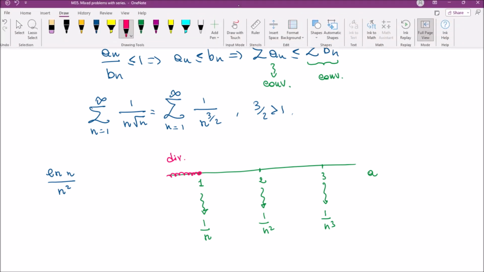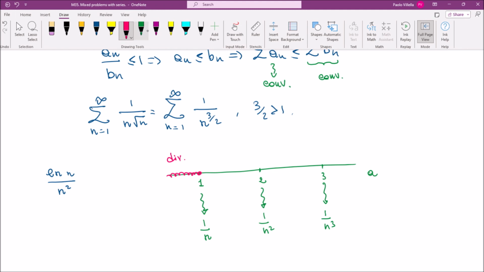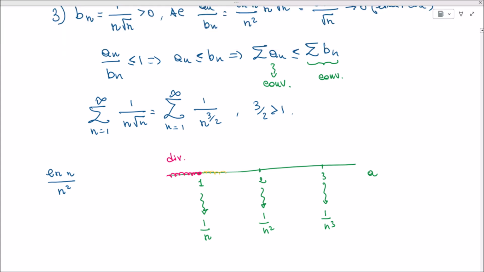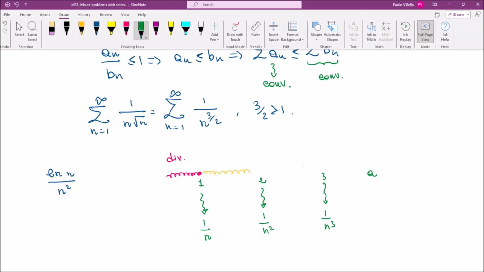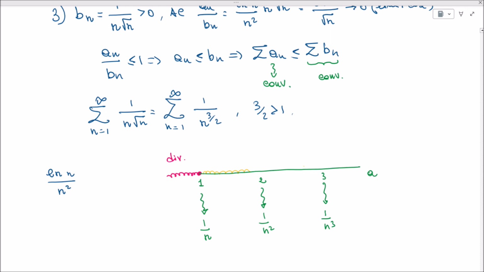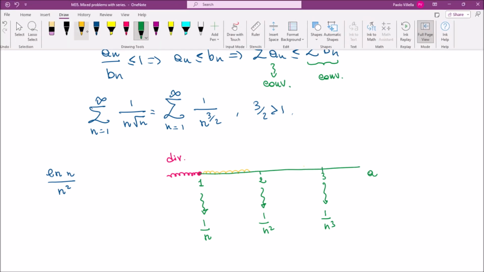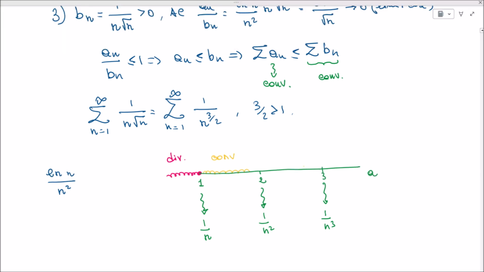If instead we are on the right, so if instead we are here for a larger than 1, we know that in all these cases we have convergence. So we can say that if we sit to the right of 1, we have convergence.